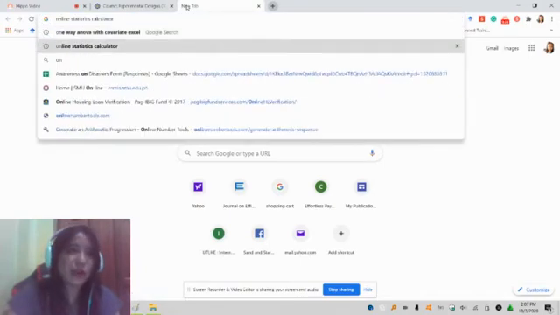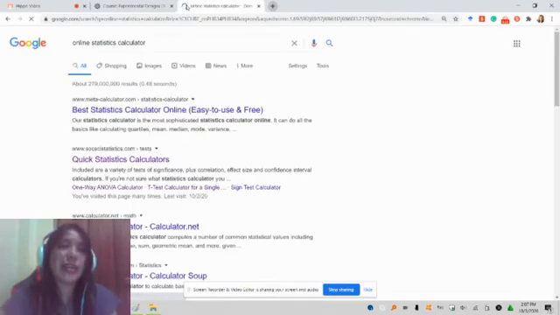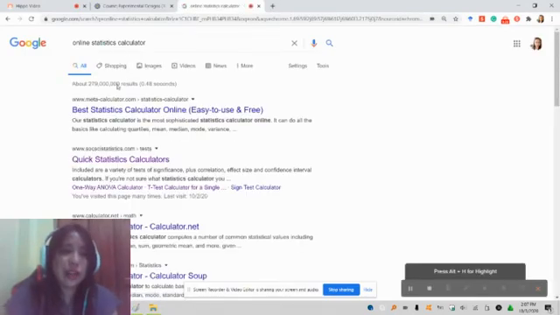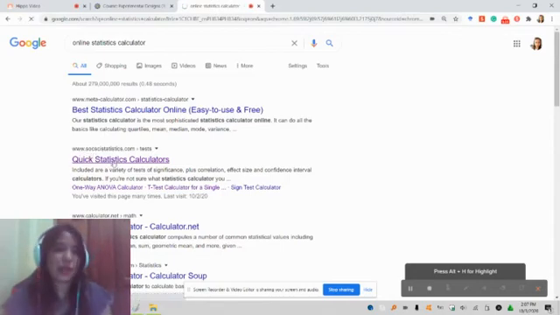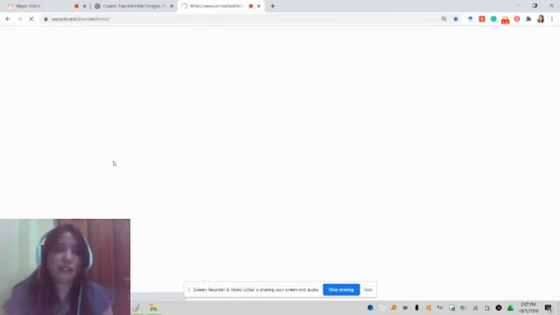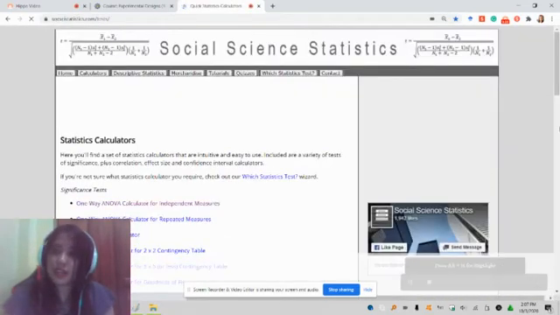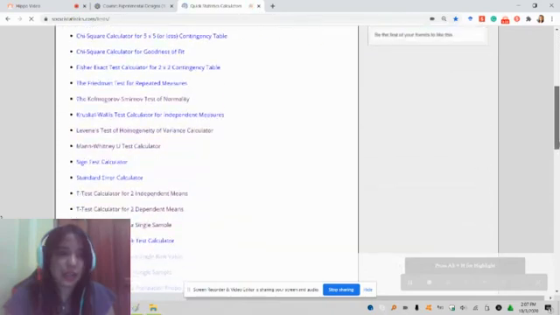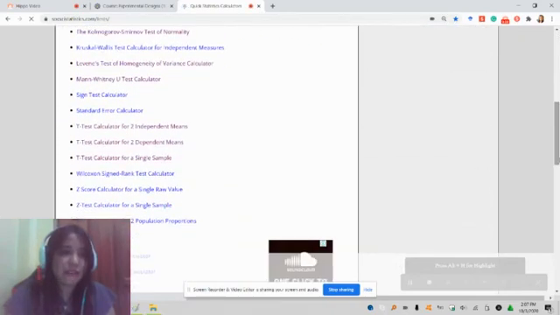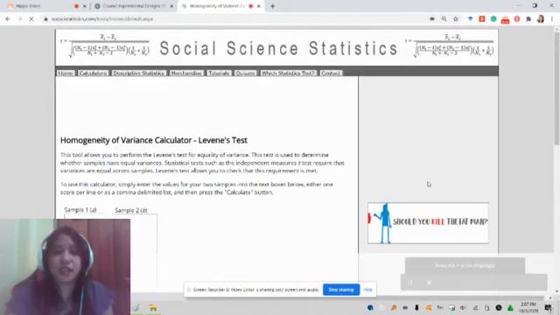So as mentioned, you can actually just click online statistics calculator and you can find www.socscistatistics. That's the one we are using. Then you have to click that. And let's again locate the Levene's test of homogeneity of variance calculator.